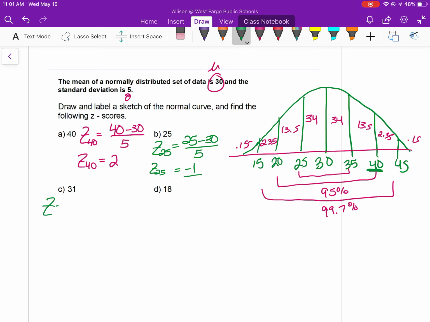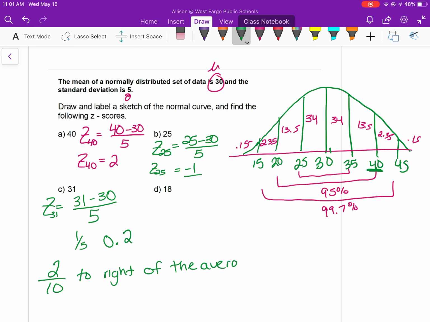A z-score for 31 would be 31 minus 30 divided by 5. So that would be 1/5, which is 2/10. So 2/10 is 0.2. So that tells me that 31, which would be just right past 30, is 2/10 to the right of the average.